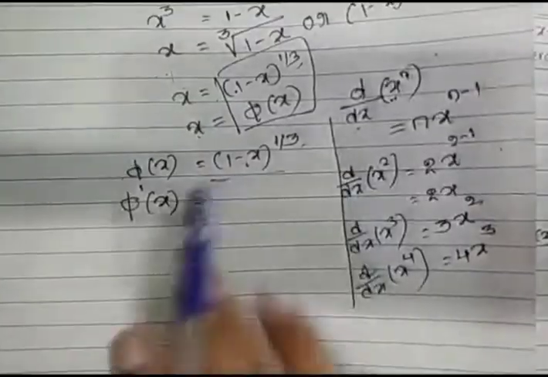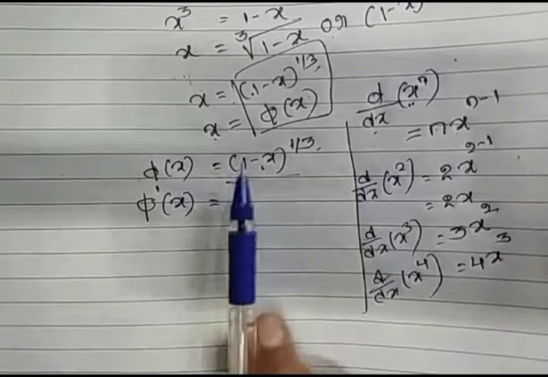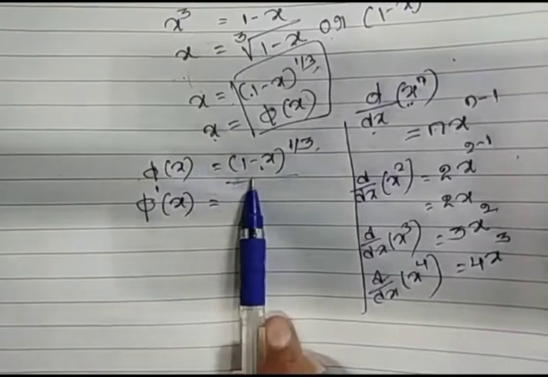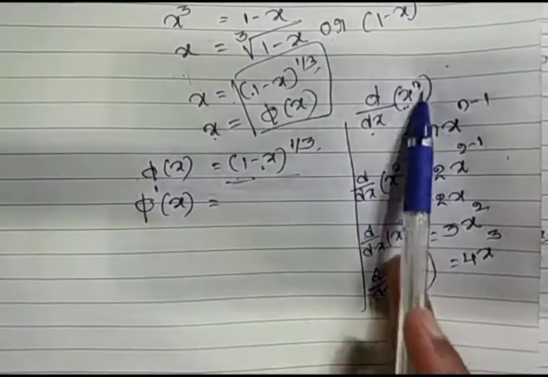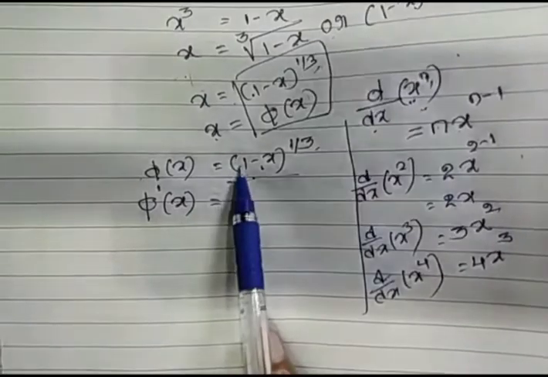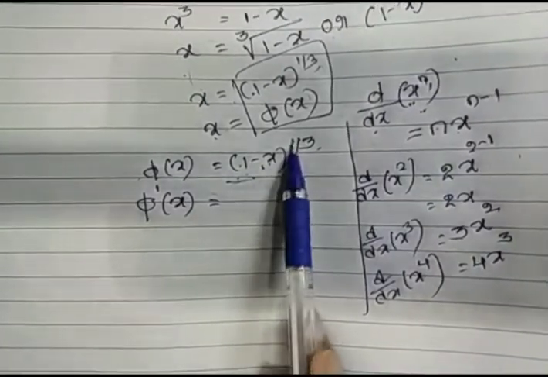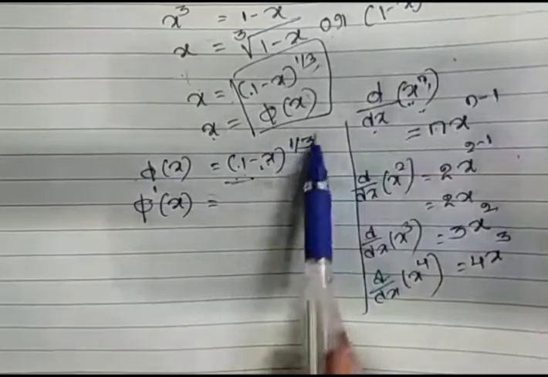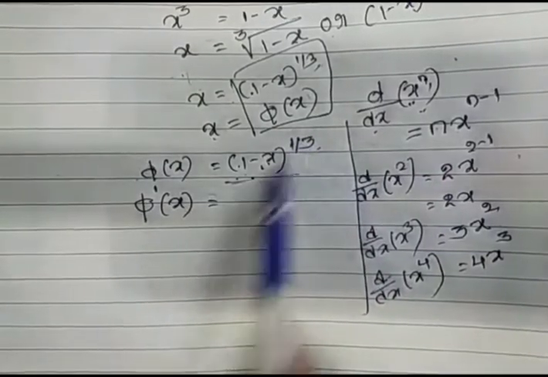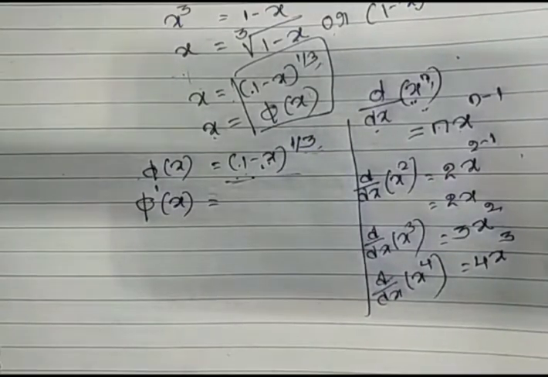Now the equation which we have got is in the form of x raised to n only, that is 1 minus x raised to 1 by 3. In place of n we have 1 divided by 3.